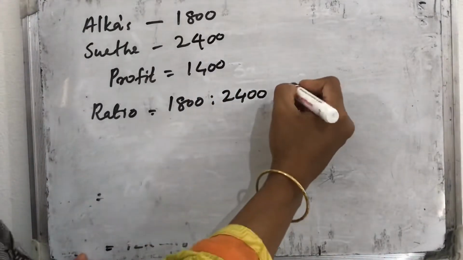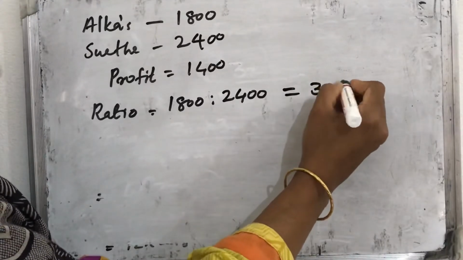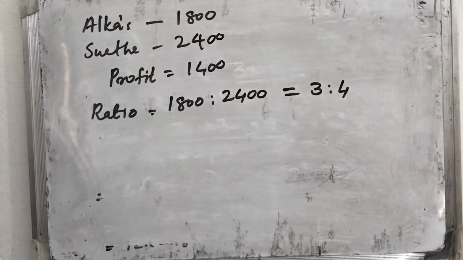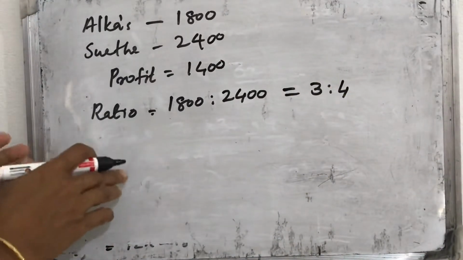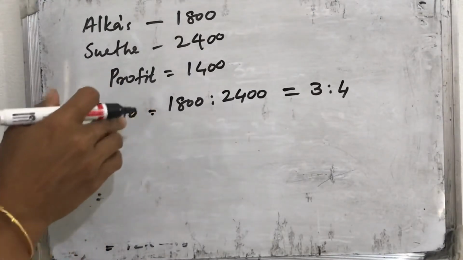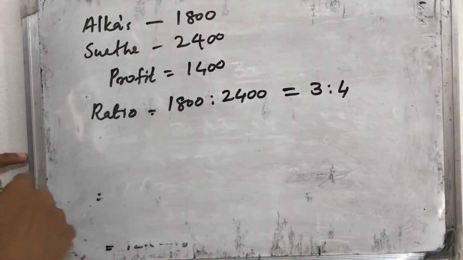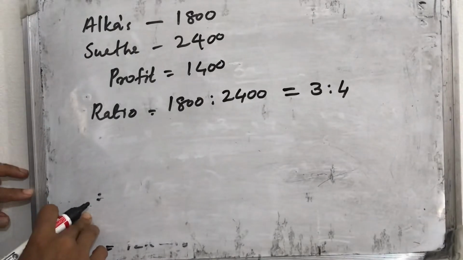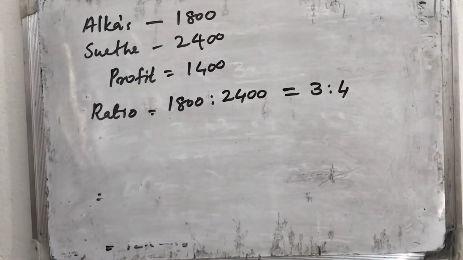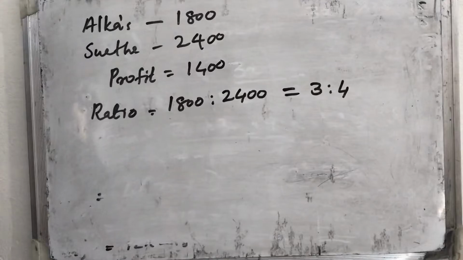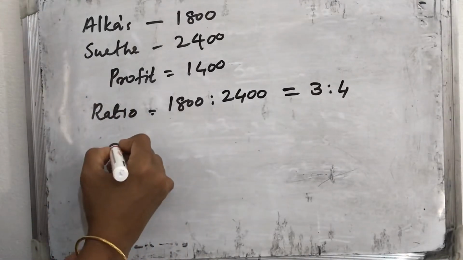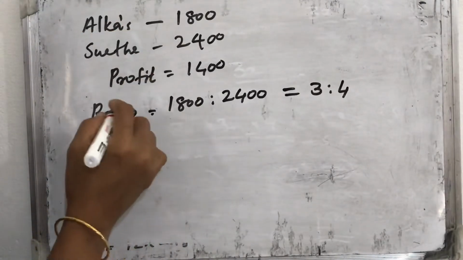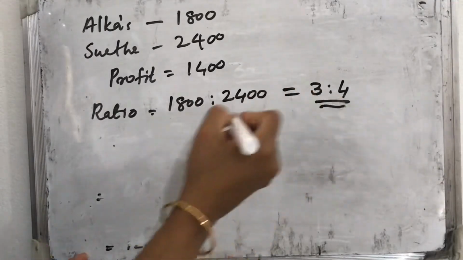By simplification we will get 3 is to 4. The same ratio they want to take for their profit also.